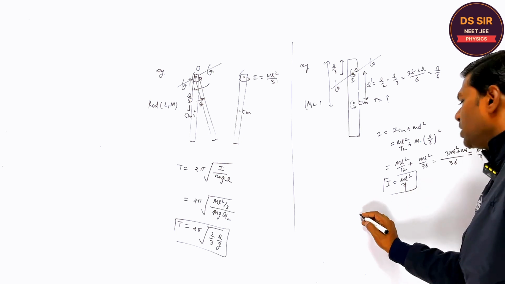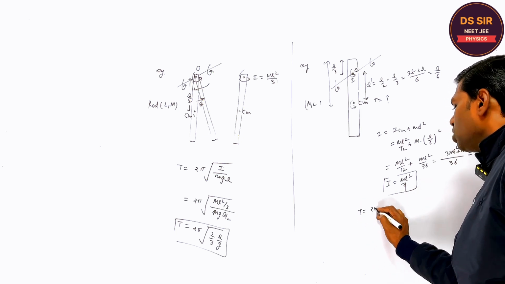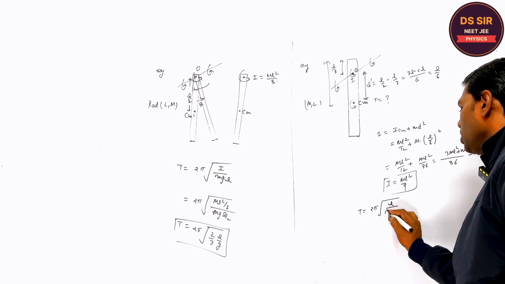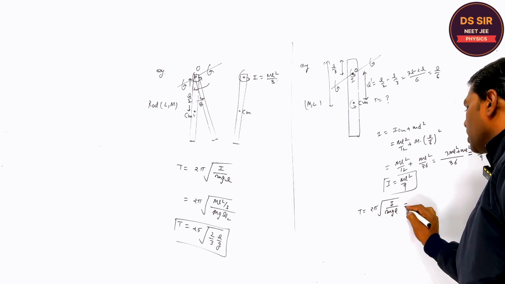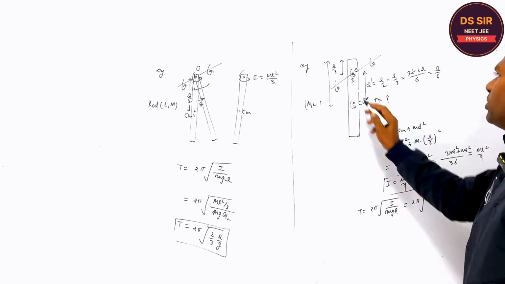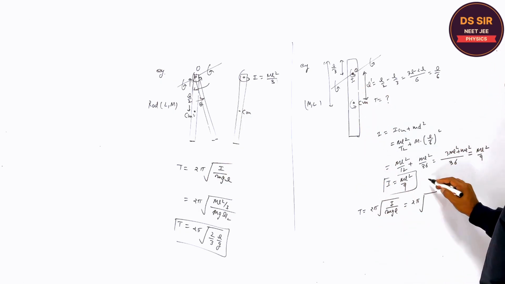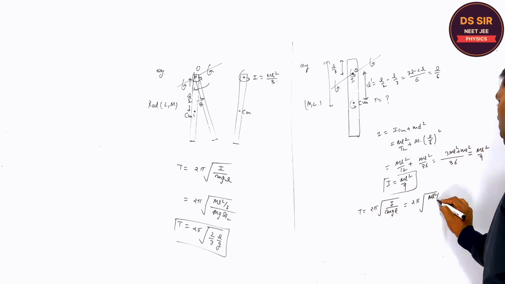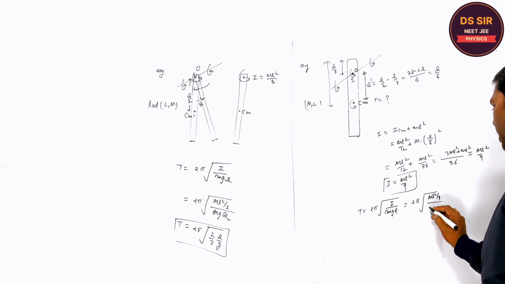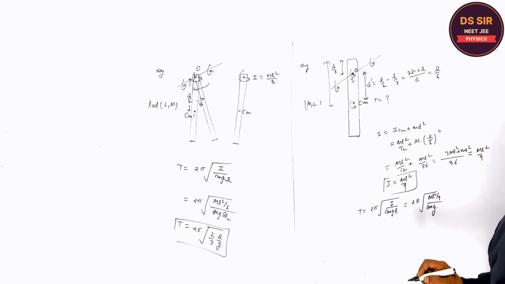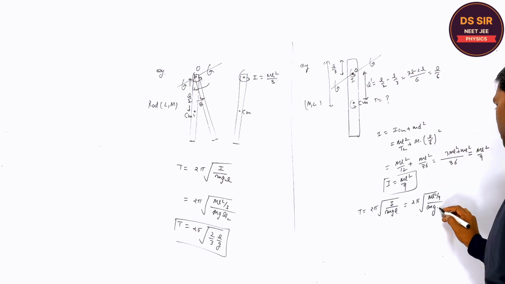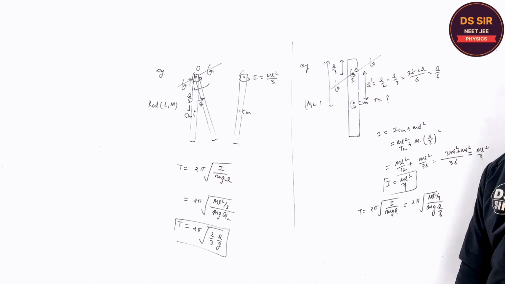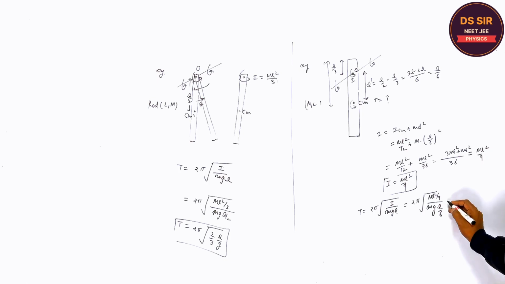Now you can write down the time period is equal to 2 pi root I upon mgL. So what is the moment of inertia about this axis we have found? It is ML square upon 9 divided by mg. And what is L? L is L dash over here, this is L by 6. So in this way you have to solve this question.